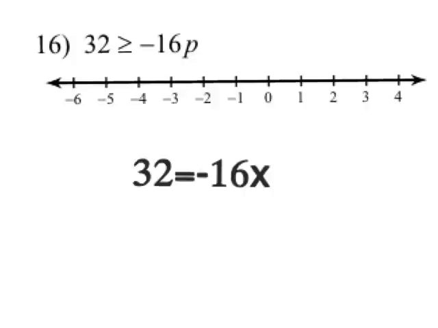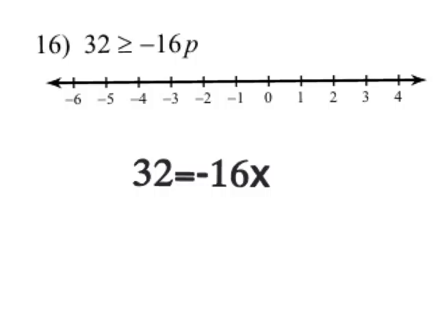Now this is another simple one-step inequality. I took the liberty of rewriting it down below. What it says is 32 is greater than or equal to negative 16p, so it's going to be a closed circle. When I rewrote it, there is something special that happens.